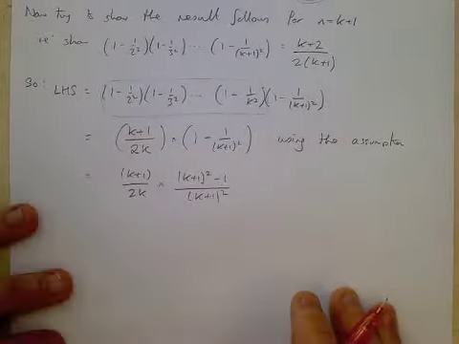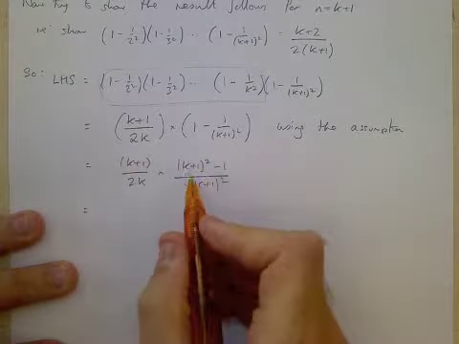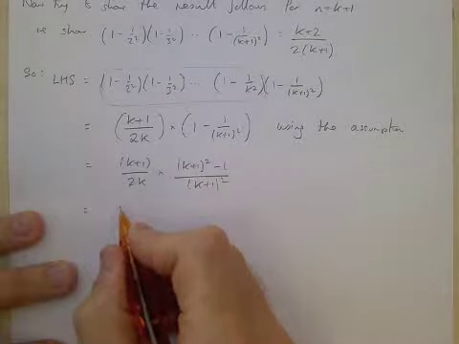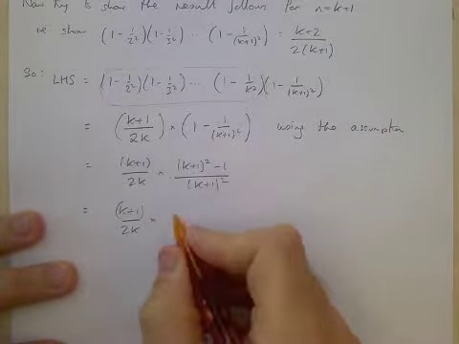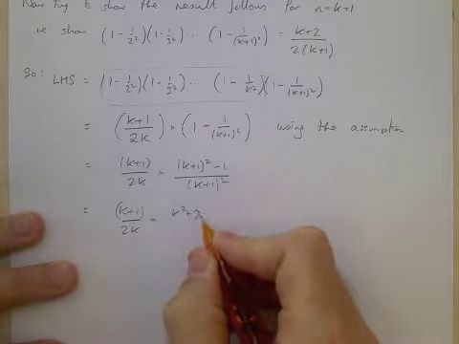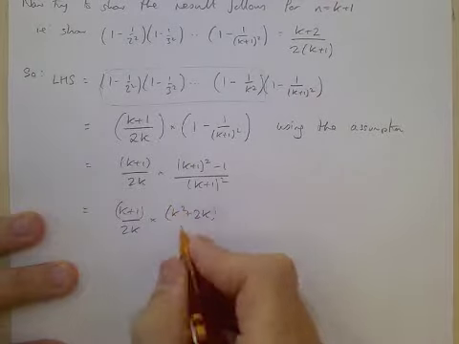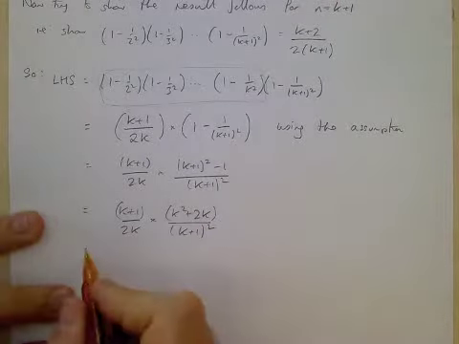What happens if I multiply this out? Let's tidy this up. K plus 1 on 2k times, that's going to be k squared plus 2k plus 1 minus 1 will disappear. So that's k plus 1 squared.